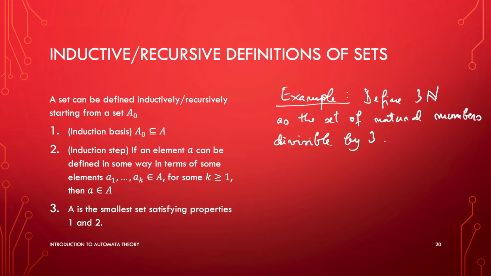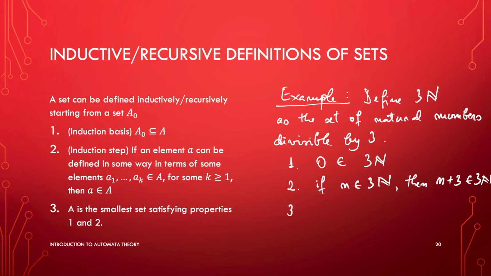So, just following this, I'm going to say this 3N is going to satisfy the condition that 0 is an element of this set. And then I'm also going to say if n is an element of my set, so is n plus 3.